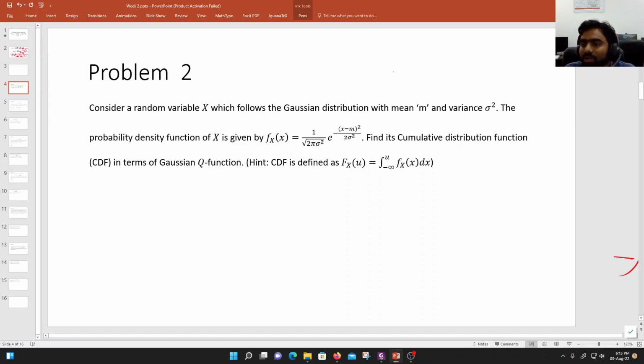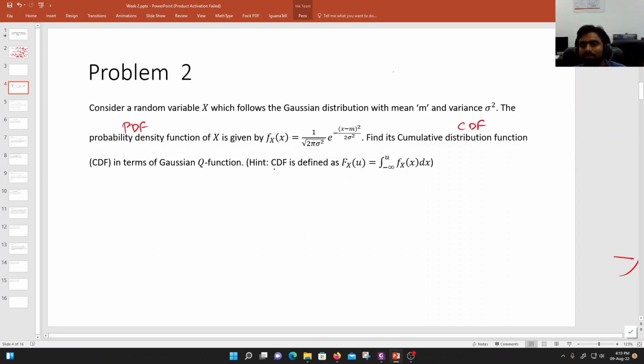Find its cumulative distribution function, that is CDF, in terms of the Gaussian Q function. We have already learned the Gaussian Q function in the video lectures. So the PDF is given, you have to find the CDF.